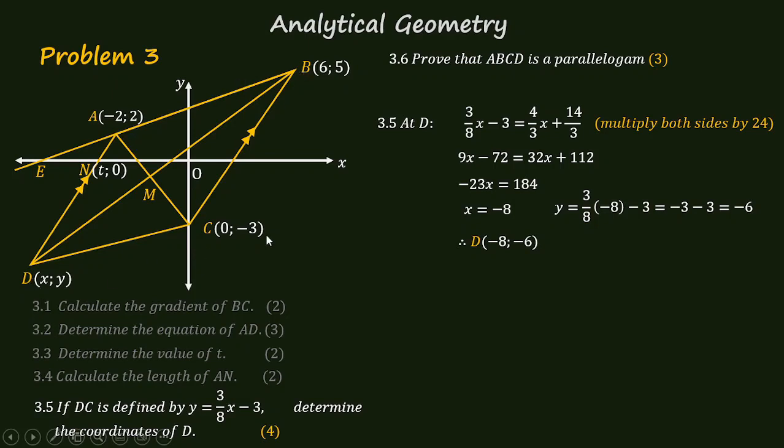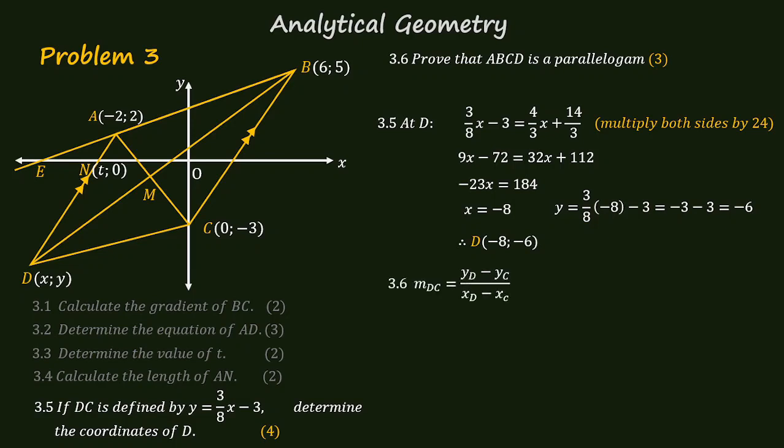If we can show that the opposite sides are parallel to each other, we would have proven that ABCD is a parallelogram. So our only job is to prove that AB is parallel to CD.